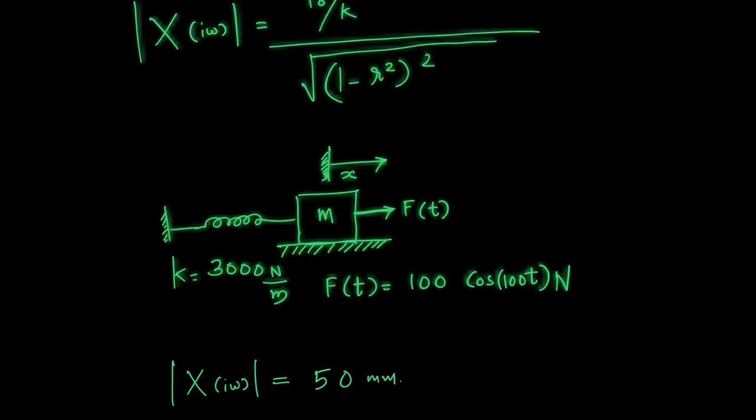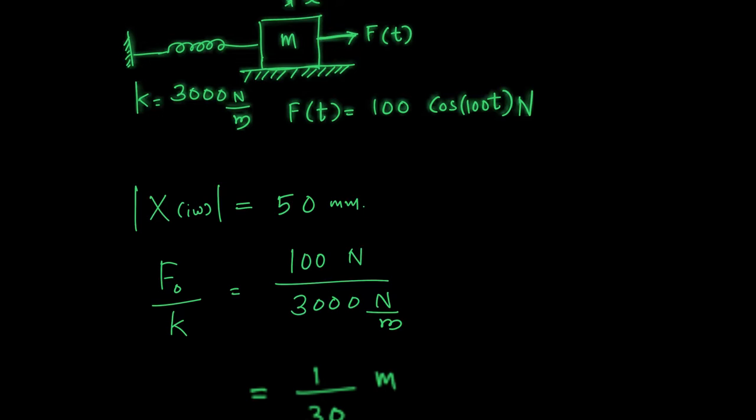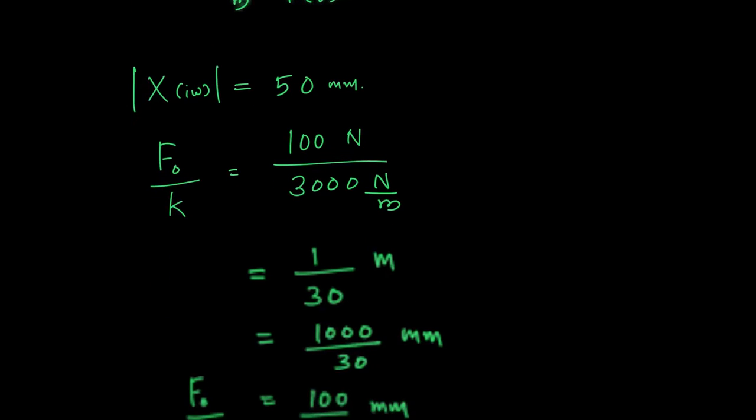Let me bring in all the information that was provided as part of the input. Here we have the stiffness, and here we have the excitation force. Just bringing in all the inputs, I have the static deflection computed like this.